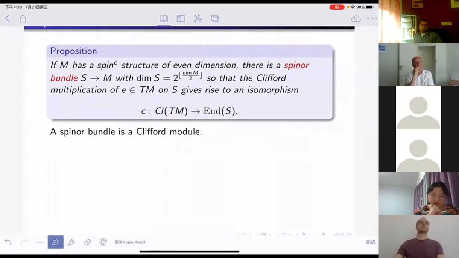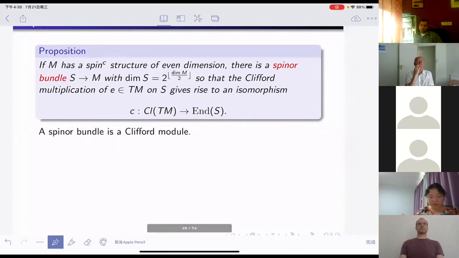And a spinor bundle actually satisfies further conditions, which I'm going to recall briefly.